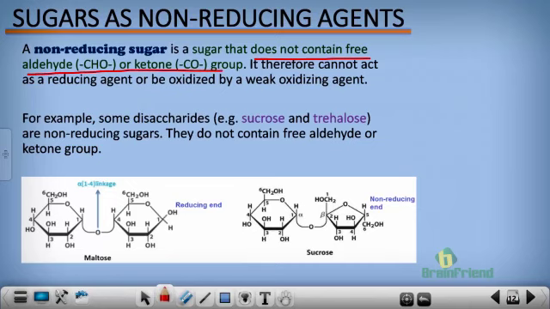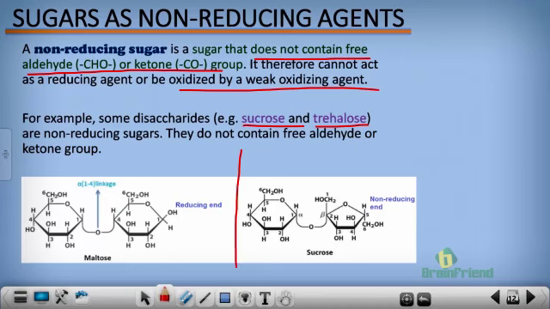It therefore cannot act as a reducing agent, and also it cannot be oxidized by weak oxidizing agents, as we saw from the table. Examples of these disaccharides are sucrose and trehalose. They do not contain free aldehyde and ketone groups.